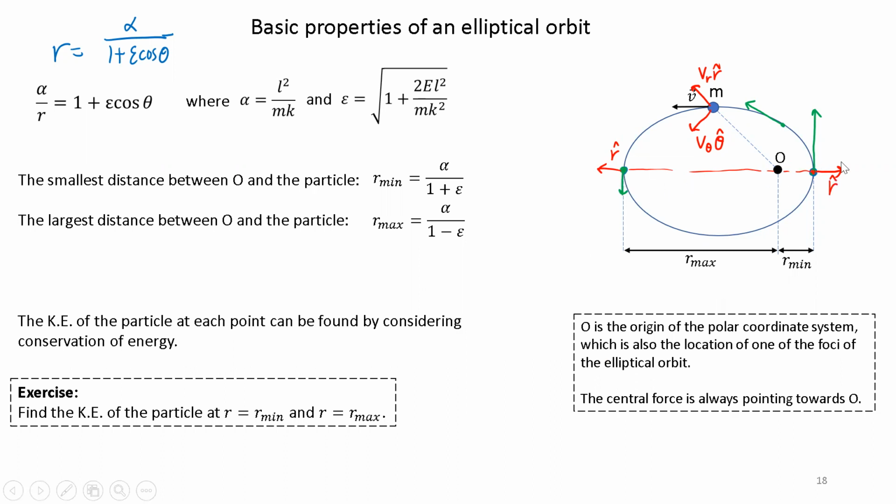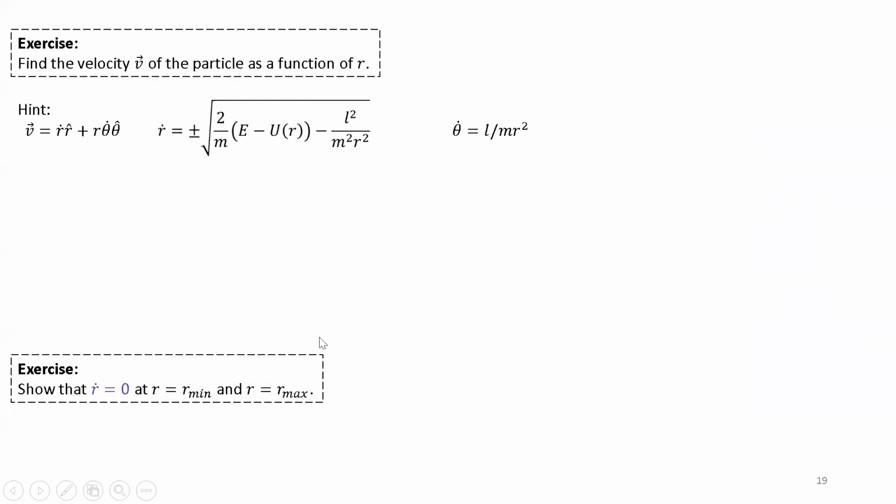Exactly at these two edges, the R vector is perpendicular to your velocity vector, this green arrow. That's why there is no radial component of velocity at these two points, so r dot is 0.